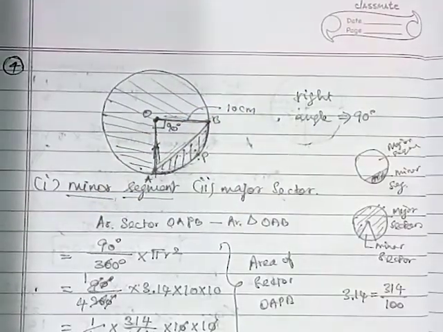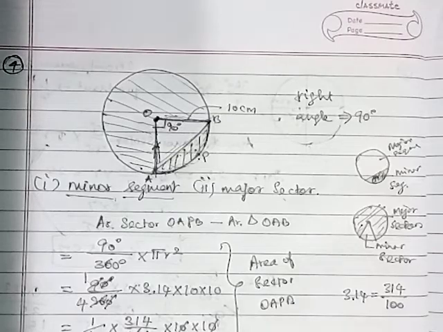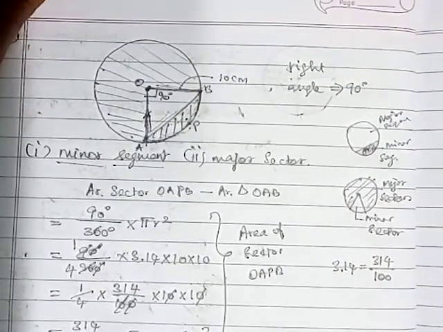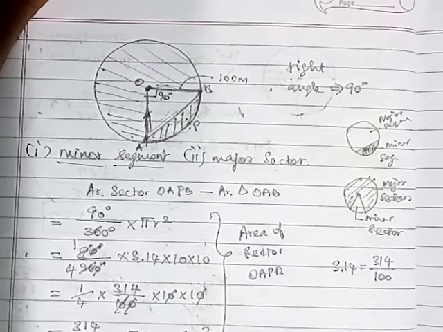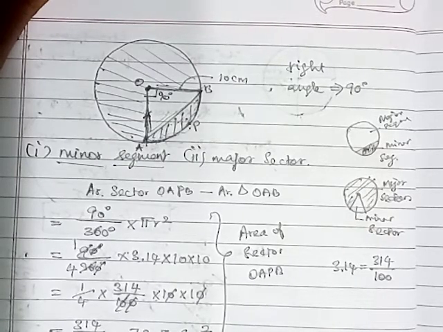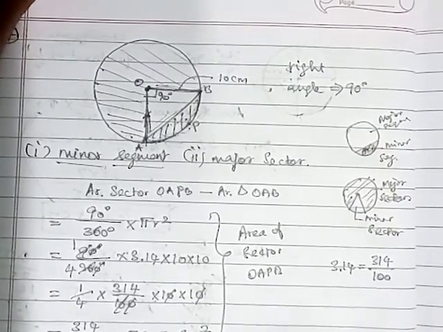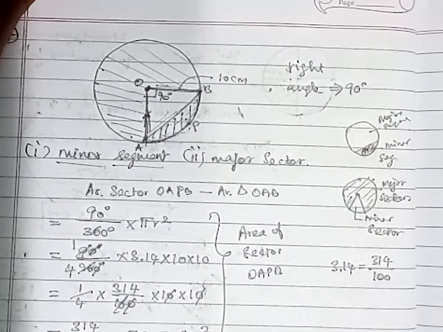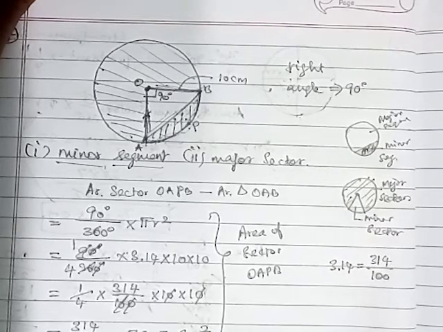Okay, in this thing what's the formula for a right angled triangle? The formula is half into base into height, because it is a right angled triangle which has 90 degree. One angle is 90 degree, right?